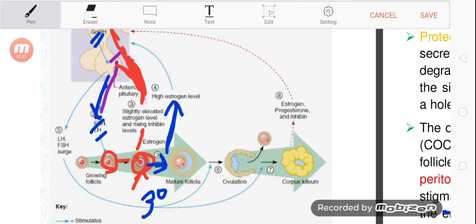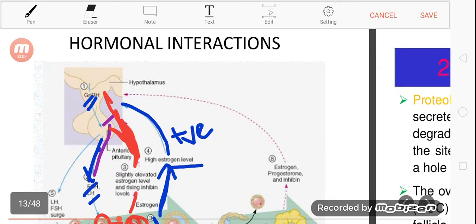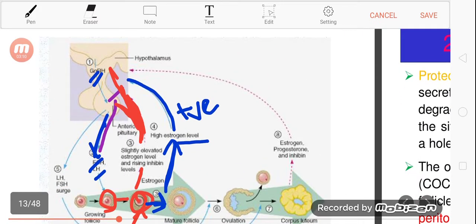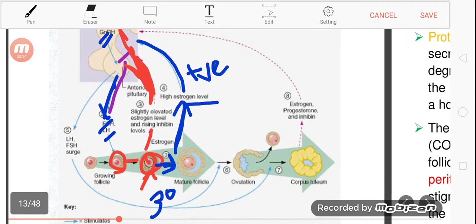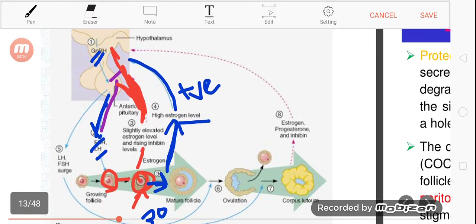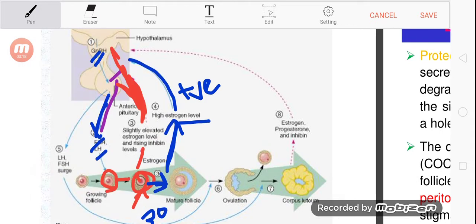So the elevation or high estrogen level is actually a positive feedback for the GnRH, for the hypothalamus and anterior pituitary to secrete. So that's when the LH surge occurs.